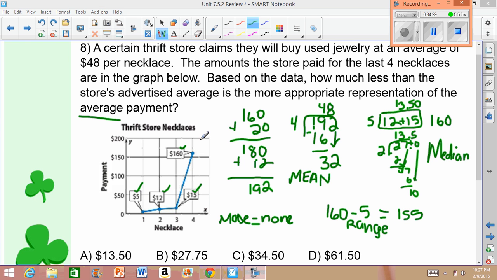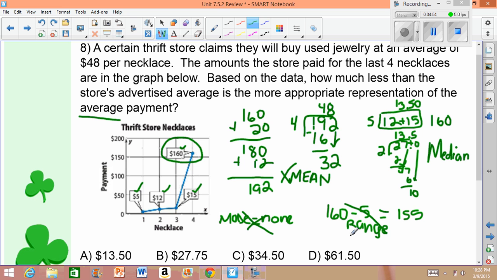Since we have one piece of data, that $160, that is so far off from the other pieces of data, the mean is not a very good representation of the data that's there. So we're not going to use the $48. Since there is no mode, we're not going to use mode to represent our data either. And range is not a good representation. So that means the best representation of the data is the median. So we're going to focus on the $13.50.